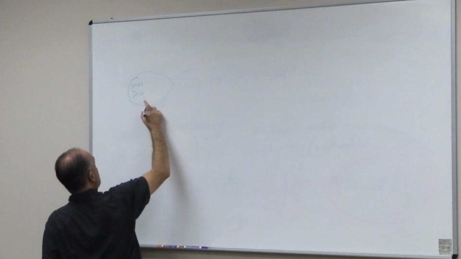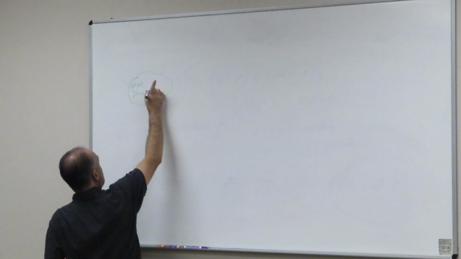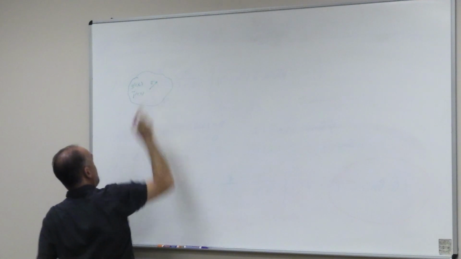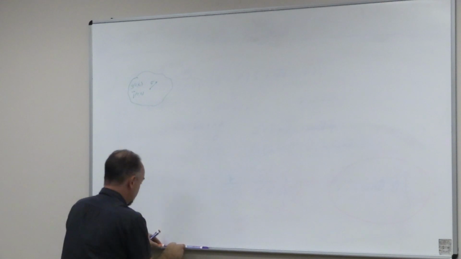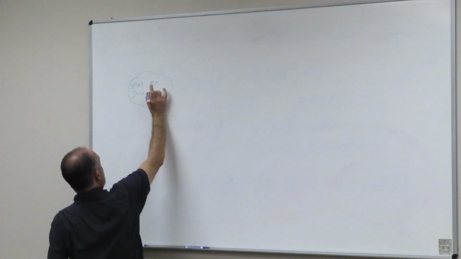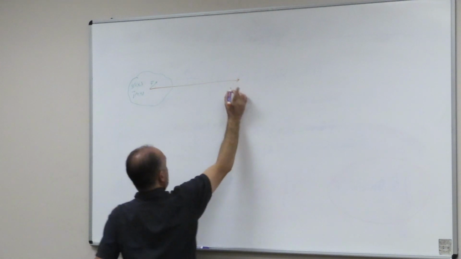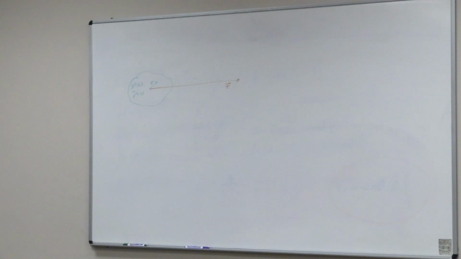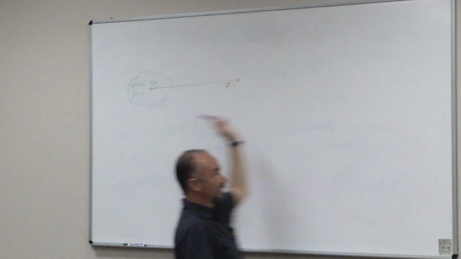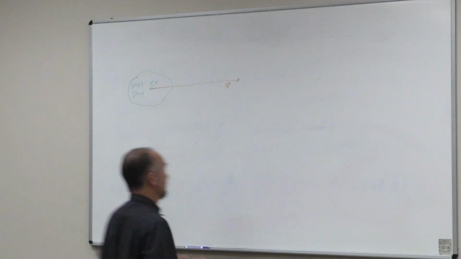At any point, we can call the center here. There's some r prime within the source, and we're looking at that from some distant point away. Plus, we want to look at radiation, something that goes up to infinity eventually.